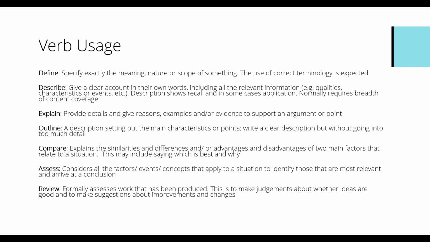When we look at that in line with an explanation, that is taking the apprentice one step further. For an explanation, the apprentice can provide details and reasons. Now, reasons can be positive, negative, but it's showing the breadth of knowledge and understanding to meet the explain command verb.